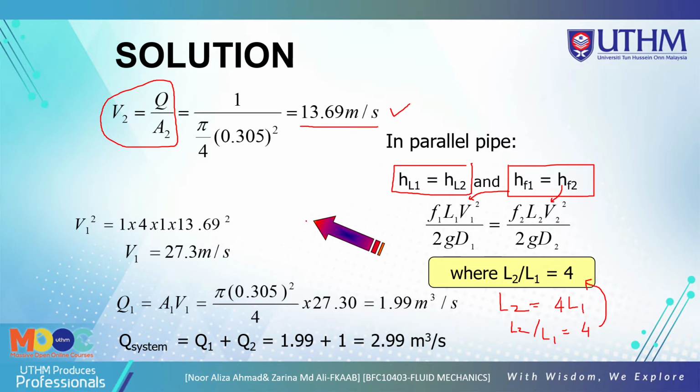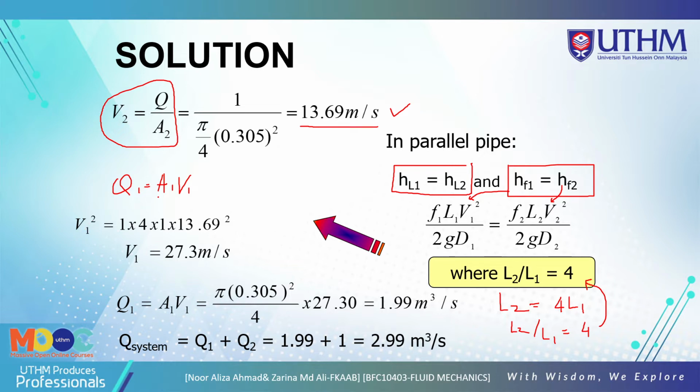Okay, and then you find V2 squared over V1 squared. To get the V1 squared here, you use Q1 is equal to A1 V1.